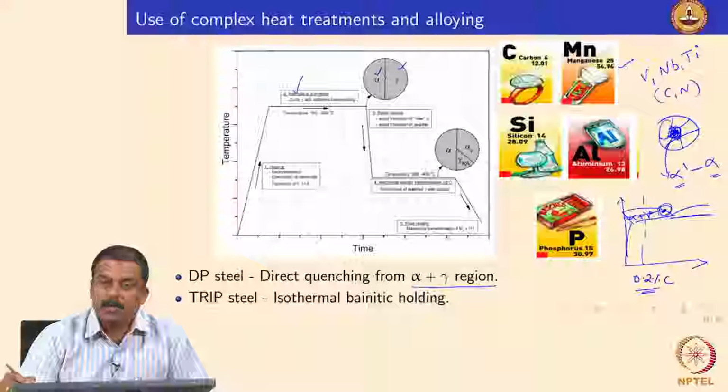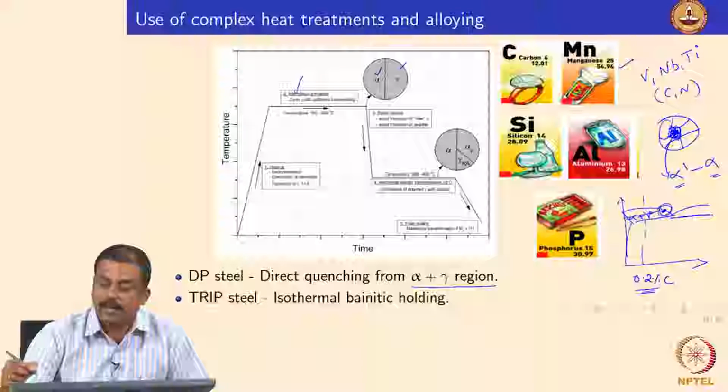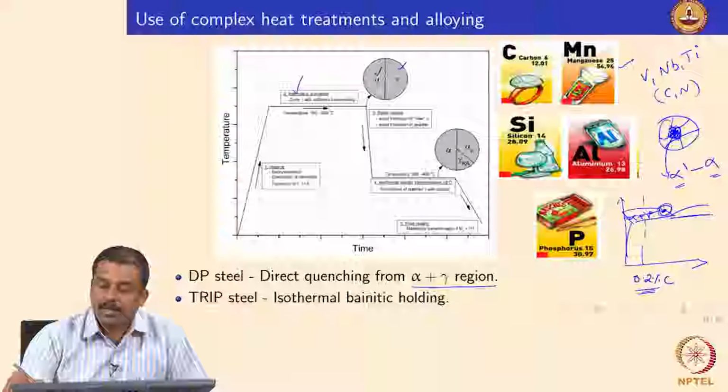The most common alloying elements added in dual phase steels to increase the strength, of course with a compromise to ductility, are vanadium, niobium and titanium, which form carbonitrides. These three elements are commonly added to form precipitates of carbides and nitrides in the austenite matrix.